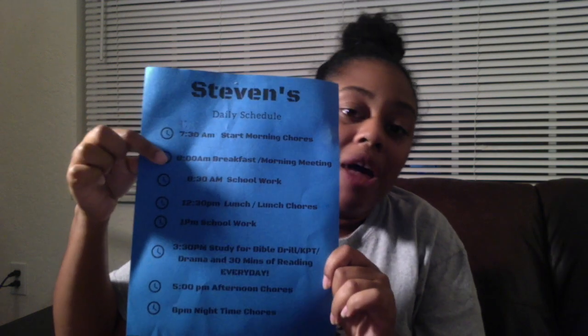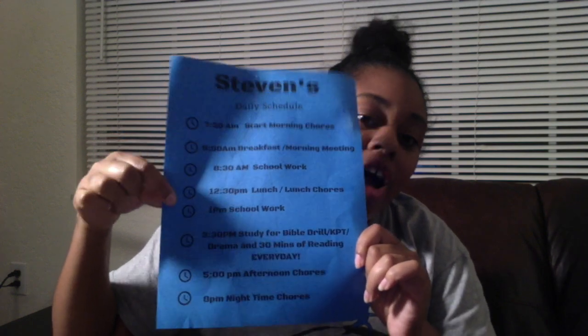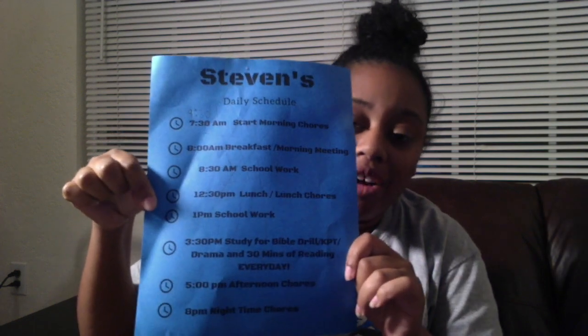It basically says what time he is to wake up, that we have our morning meeting, then from 8:30 to 12 we do schoolwork. Our lunch chores are just cleaning off the table or cleaning up whatever we've done so far so we can start at 1 p.m. fresh. And at 1 p.m. he finishes schoolwork, and after that he has to study for his extra things that he does throughout the week.